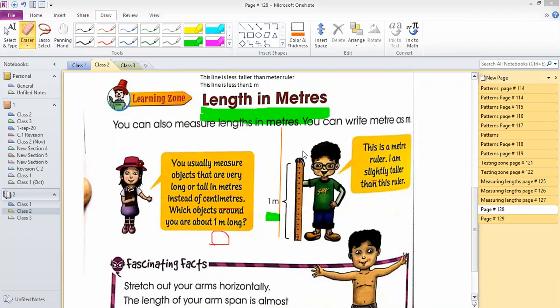Yes, guys, is it clear to you? Yes, sir. Very good. Now I'm going to change the length and you have to tell me whether a line is more than, about to, or less than.